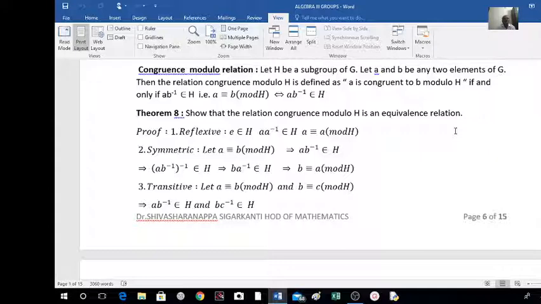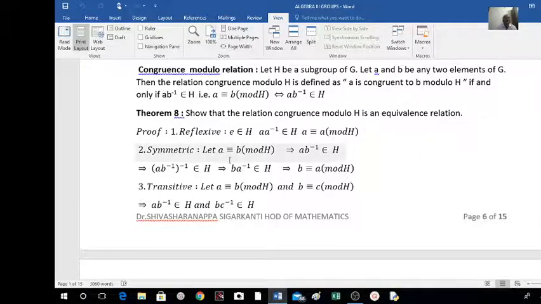A symmetric relation is: if A is related to B, then B is related to A. And the transitive relation is: if A is related to B and B is related to C, then A is related to C.